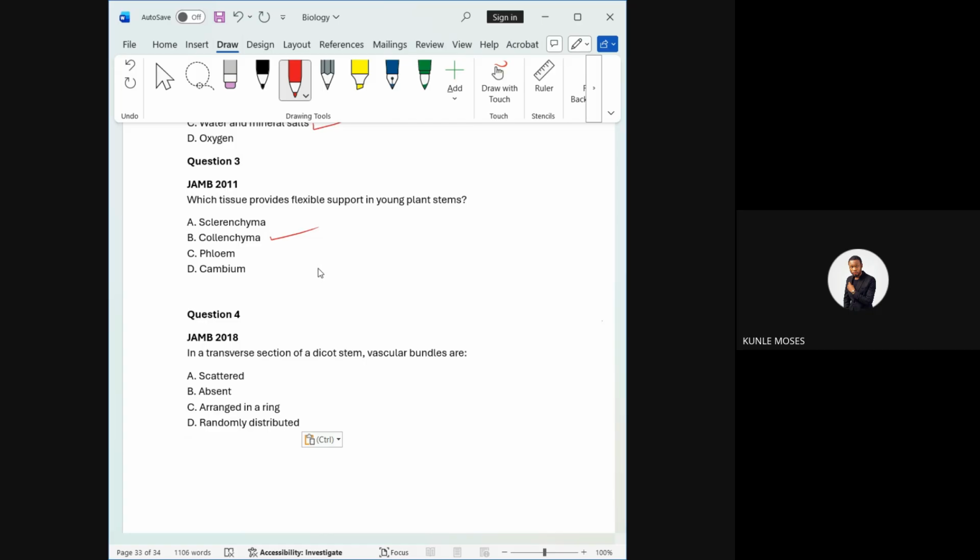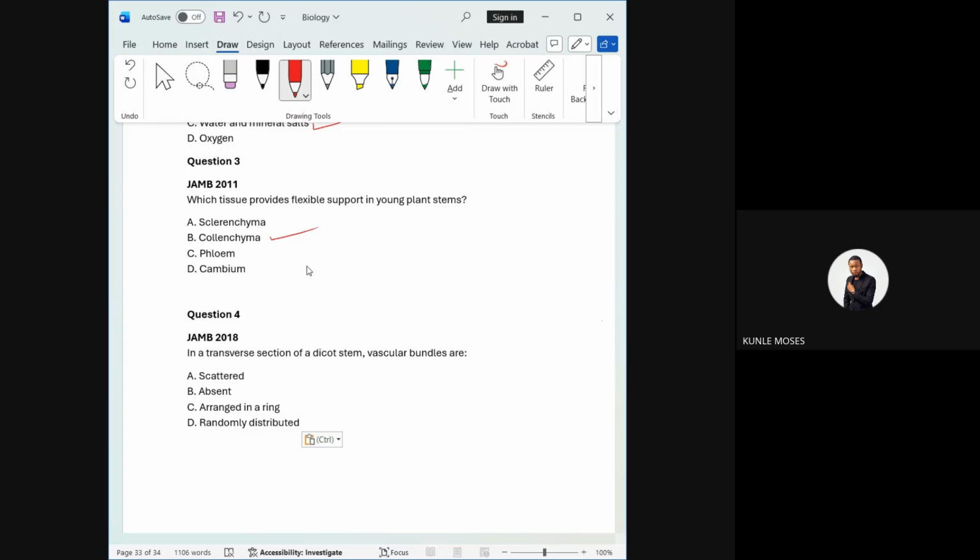In a transverse section of the dicot stem, vascular bundles. I taught you this even in the introduction for today's class. The difference between the vascular bundles of the dicot stems and the monocots. I told you one is scattered and one is arranged in a ring. Which one is scattered? Which one is arranged?